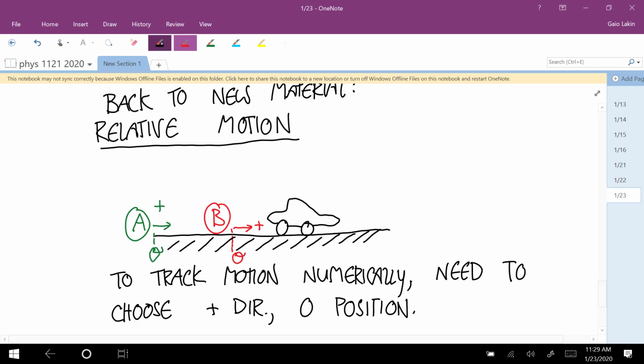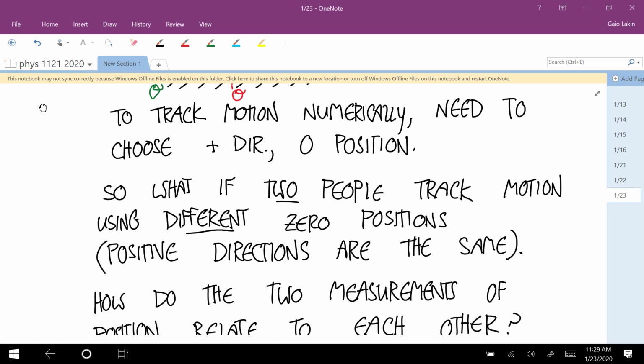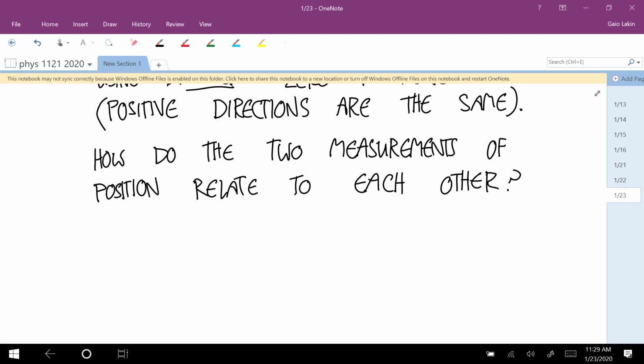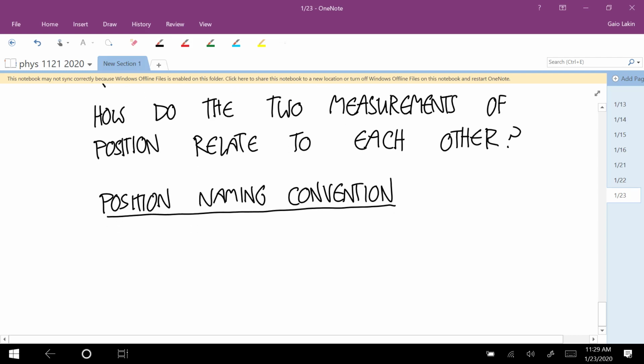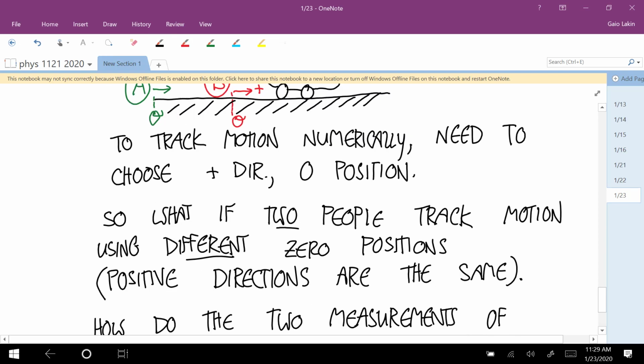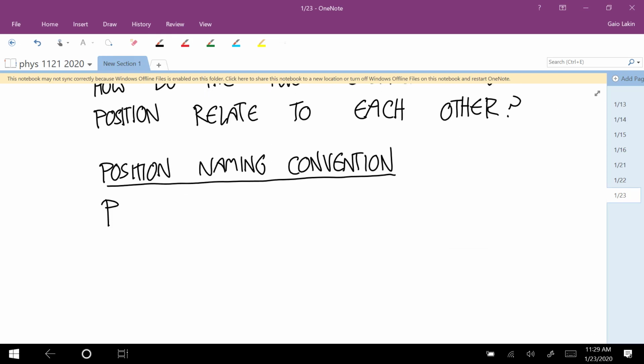So to do this, we're going to use this naming convention. So the position naming convention we're going to use is that the position of, well, it's a car, so I'm going to call it C for car.